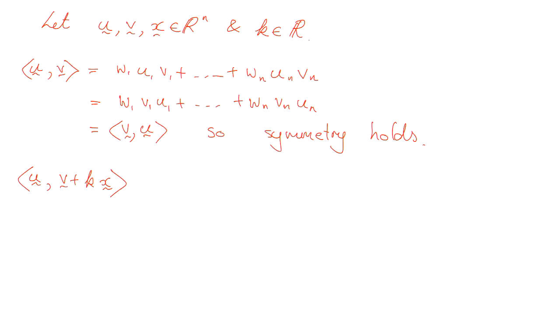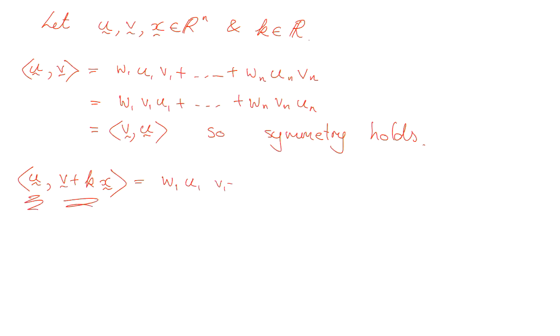So now let's think about linearity. And our axiom just says you only need to check it in the second argument. So we'll keep u fixed, and we'll look at the inner product of u with this linear combination, v plus kx. So just do it by definition. So it's w1 times the first entry of the first argument times the first entry of the second argument.